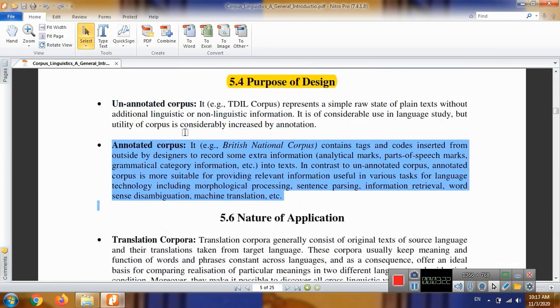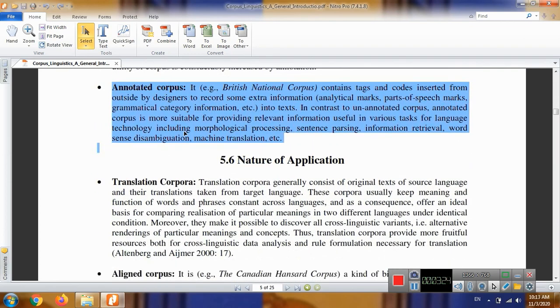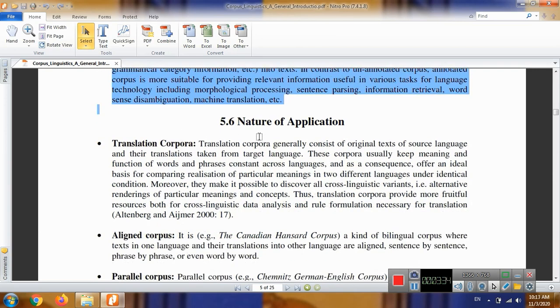Another matter is the nature of application. You should know all of this, with a description of this title for the final exam in brief.